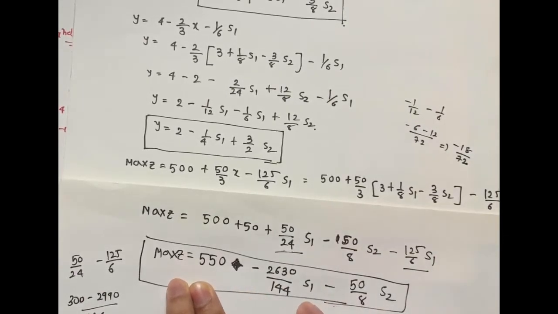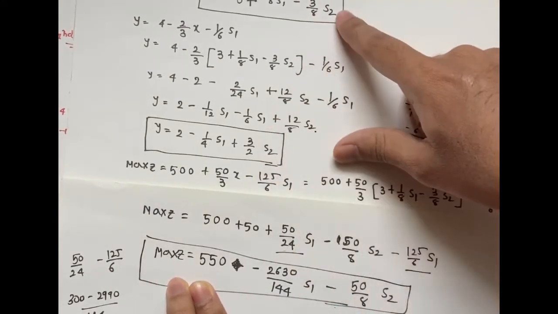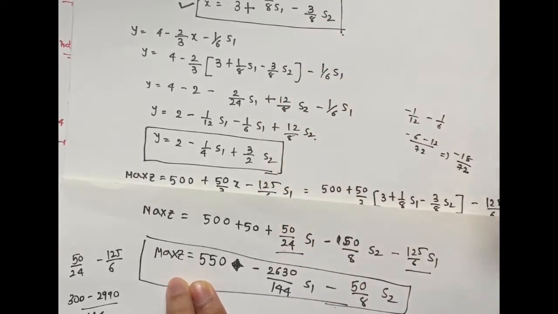But s1 and s2 currently, in the x and y equations, are on the right hand side, which means they are non-basic variables and already have their values as 0, so they cannot be reduced further. So this particular solution cannot be further processed.